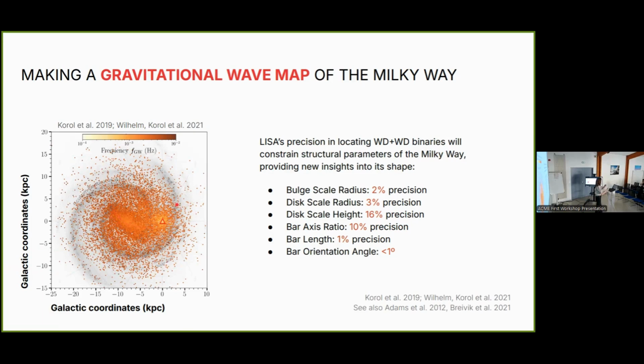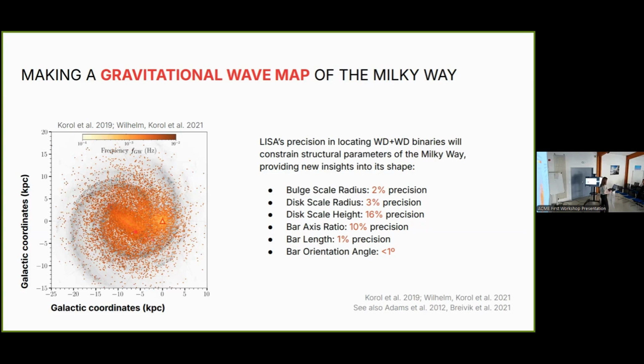We simulated LISA observations and LISA 3D position errors, and then recovered the shape of the galaxy that we initially put in. And we find that we can reconstruct the scale parameters of the bulge and the disk, the axis ratio of the bar, and also its length and orientation.